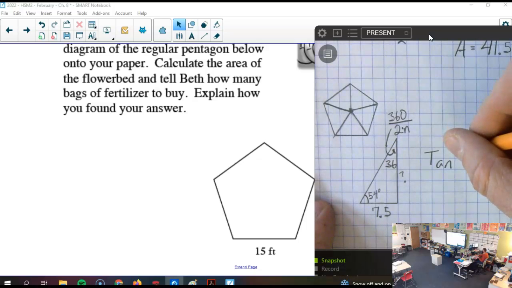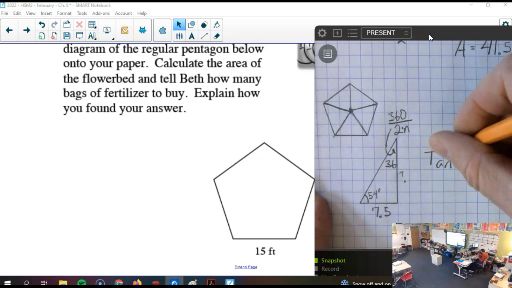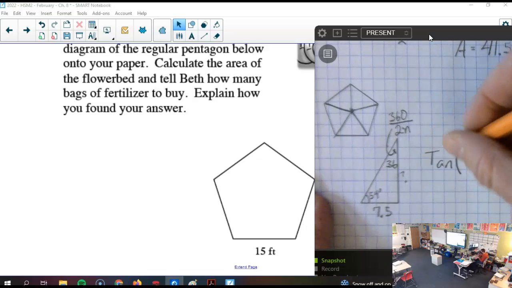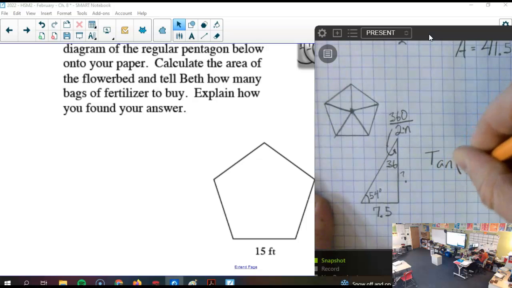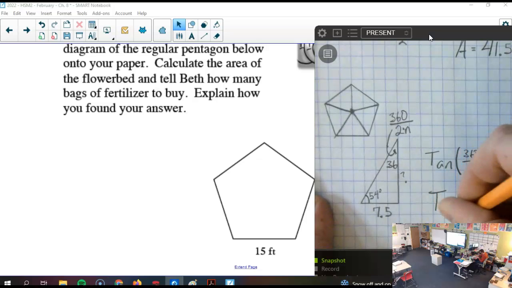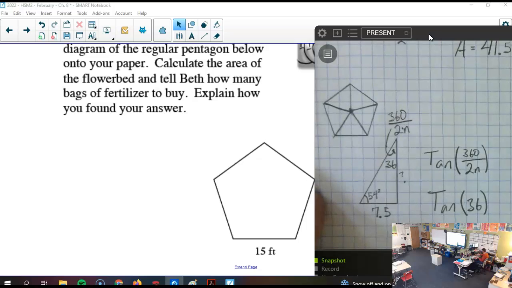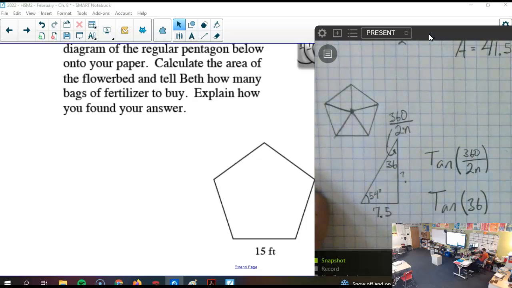The only way to figure out what's happening is do more, right? We run trials, we run tests. So this is tangent of 360 divided by 2n, which in this case was 36, but if we're trying to formalize something, this is the generic rule that could work for all polygons if we know the edge length.